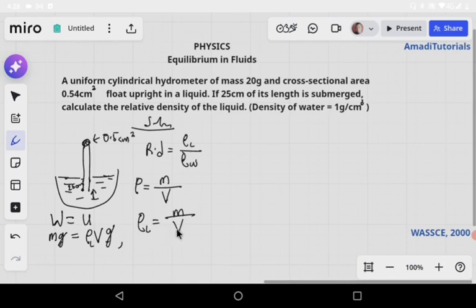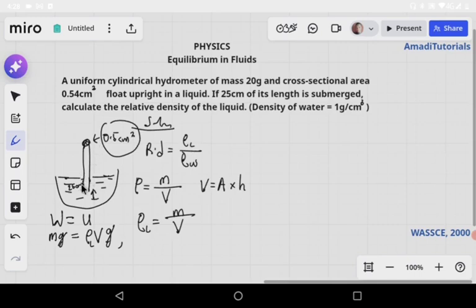The volume that we are using to calculate, you know that volume is defined as area times height. We have been given the area here, and we've been given the height, 25 cm. So it's easy to calculate the volume. We are not using the volume of the entire cylinder.